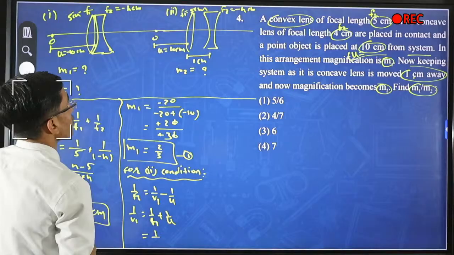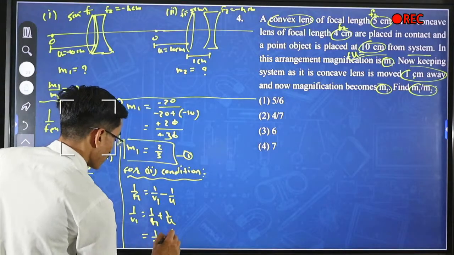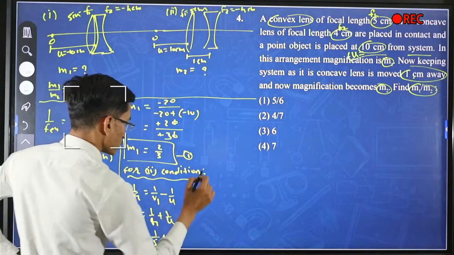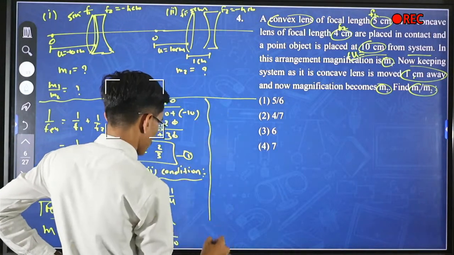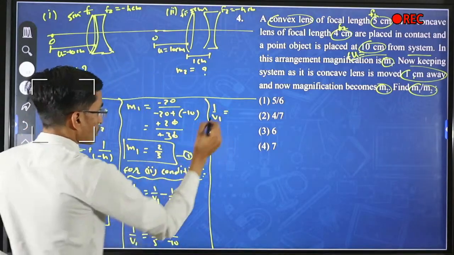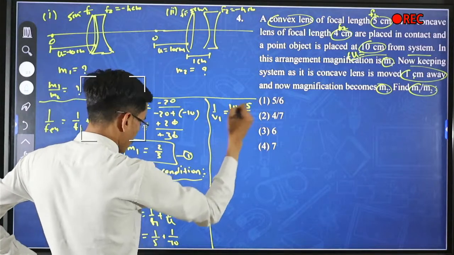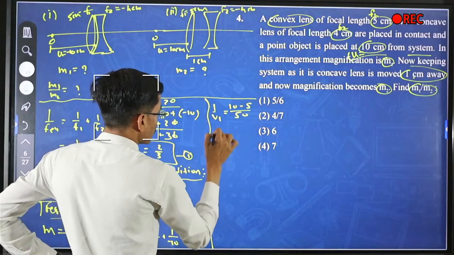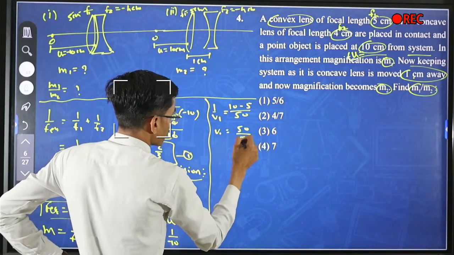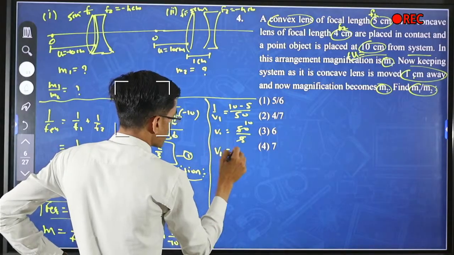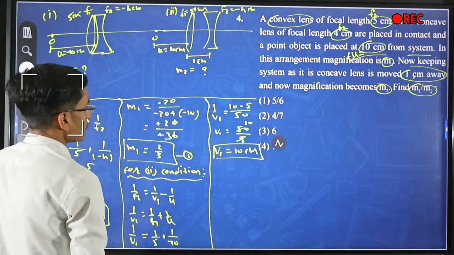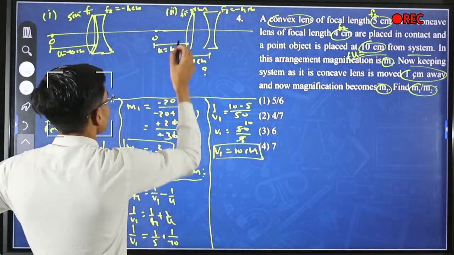So f1 is 5 and u is equal to minus 10. So 1 upon v1 is equal to 10 minus 5 upon 50. So v1 becomes 50 upon 10 minus 5, that is 10. So v1 becomes 10 centimeter. Okay, v1 will be 10 centimeter from this lens.